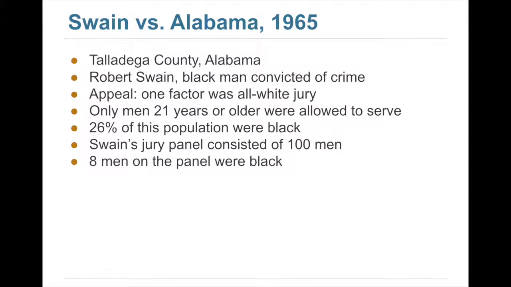Start with an example. And here's an example that I love because it's so engaging. So let me tell you about this example. It's a Supreme Court case, Swain v. Alabama from 1965. And what happened in this case was this man, Robert Swain, a black man, was convicted of a horrible crime in Talladega County in Alabama.